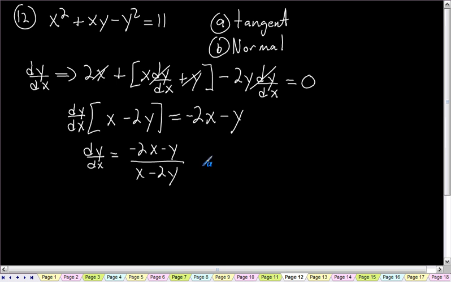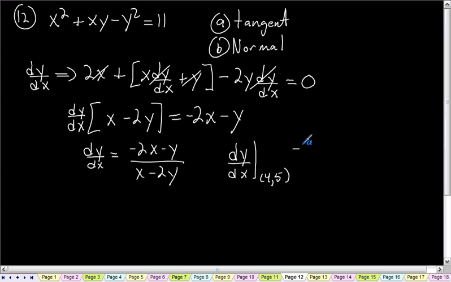And I want the tangent. They want the value, and the tangent is the slope of the derivative. Actually, we want the equation, but we can use the slope at 4, 5. I plug 4, 5 into the equation to find out what the slope is.